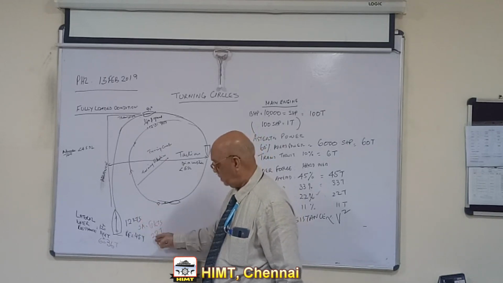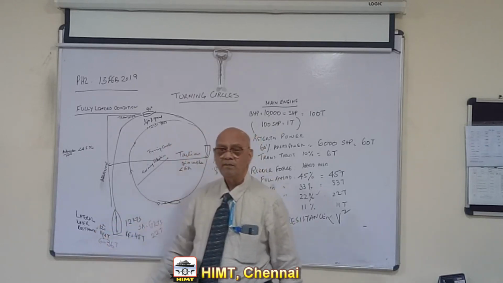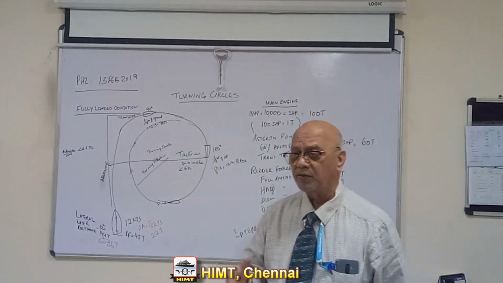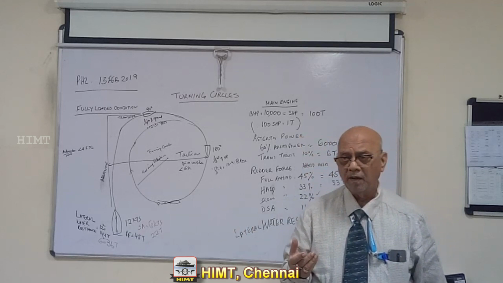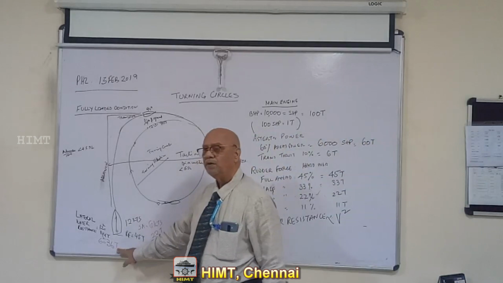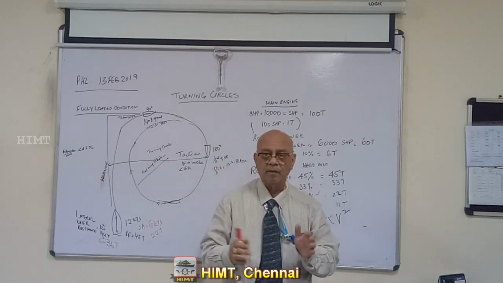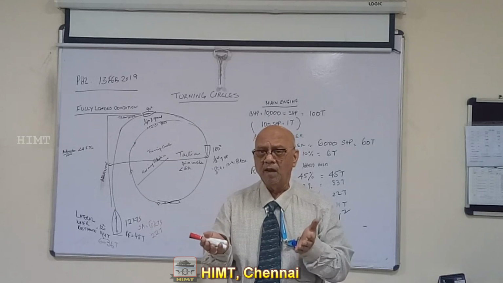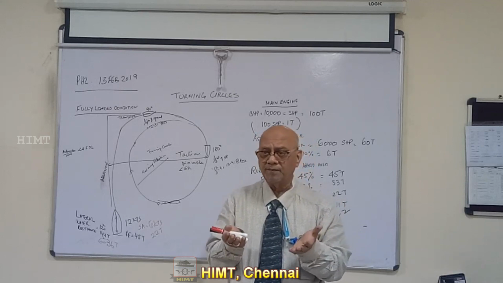The rudder force has reduced, the turning moment has reduced, and the lateral water resistance has also reduced, because the speed is 6 and water resistance is V squared, the square of your speed. So this gets reduced to 36 tons. What is happening? The turning rudder force and the water resistance are balancing each other.